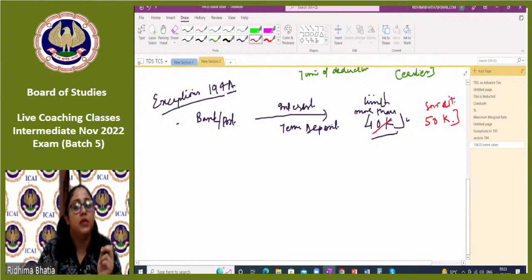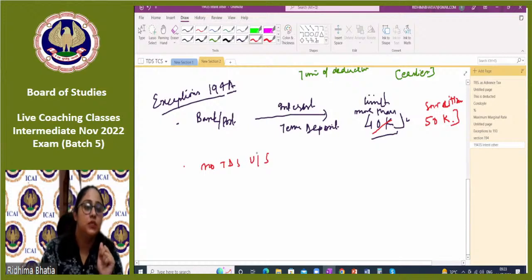If the payee is a senior citizen, then the TDS would be deducted only when the interest on term deposit paid during the financial year is more than 50,000. For whom? Only for bank and post office. They will not deduct TDS. No TDS. Exceptions bata rahe. No TDS under section. No TDS by. Sorry.